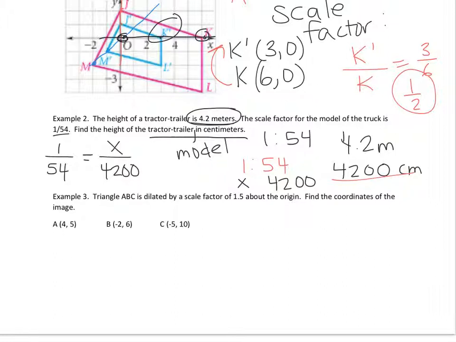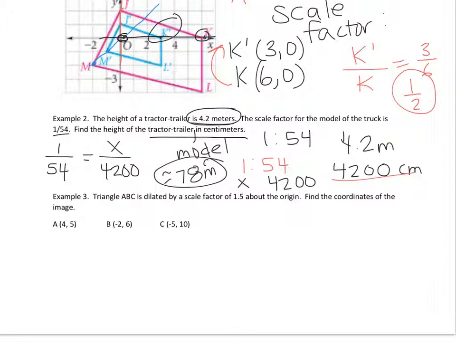So what I'm going to do is 4,200 divided by 54. When I divide it, I get about 78 centimeters. Oops, I put meters, but it's in centimeters.